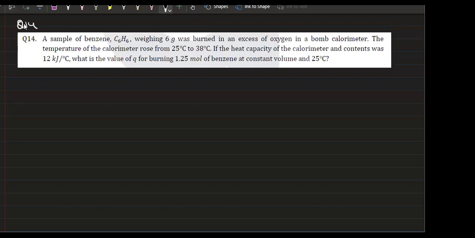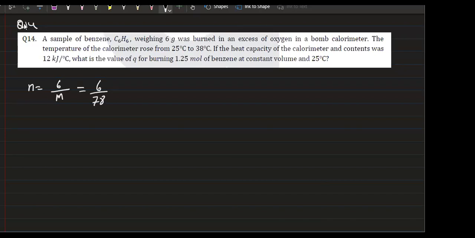A sample of benzene C6H6 weighing 6 grams. So यहाँ से तुमको number of moles निकल जाएगा, 6 by molecular weight of C6H6, right? Got it? Yes or no? अब molecular weight of C6H6 कितना होता है? Tell me. 12 into 6 plus 6, which is 78. So 6 by 78. Got it?